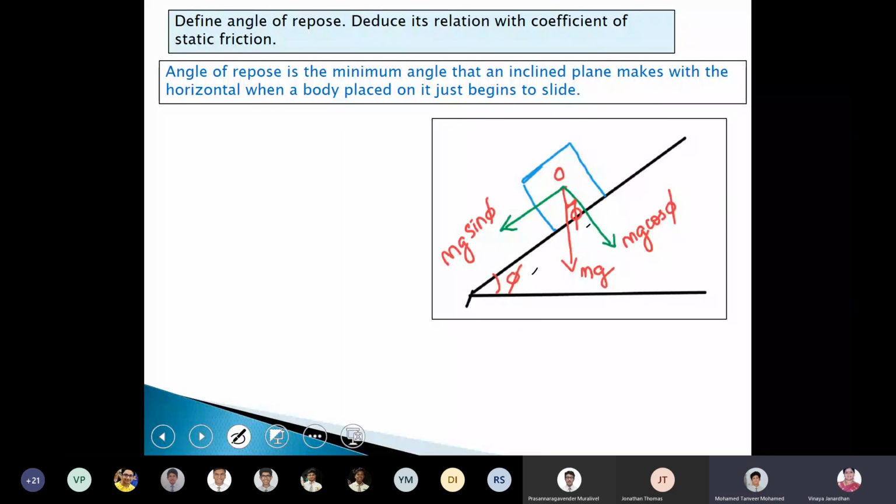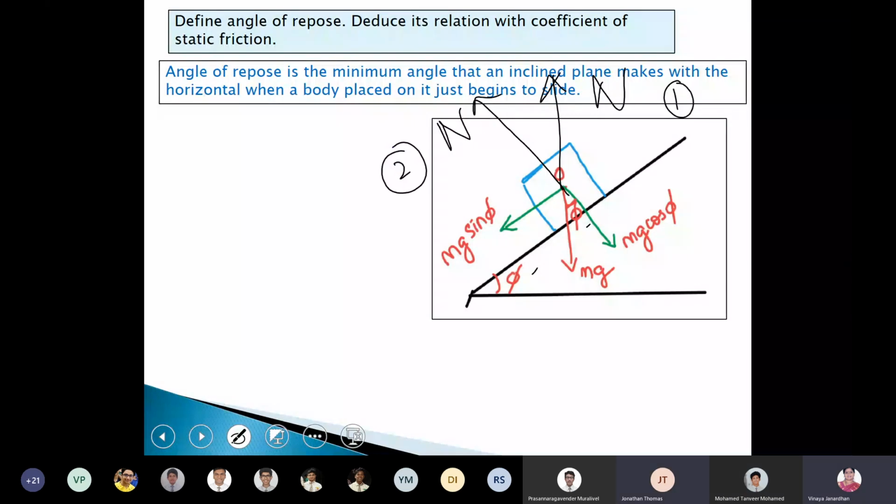I'll draw it at three different points; you tell me which one is correct. Let me mark this as 1, this is 2. Which one is correct, boys?